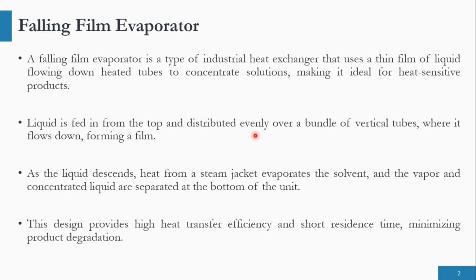As the liquid descends, heat from a steam jacket evaporates the solvent, and the vapor and concentrated liquid are separated at the bottom of the unit. This design provides high heat transfer efficiency and short residence time, minimizing product degradation. So this is the overall introduction of the falling film evaporator.